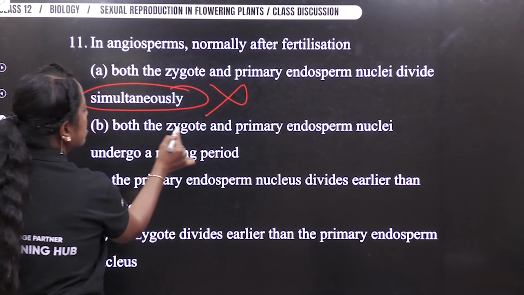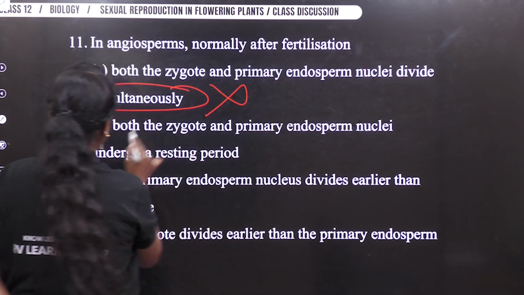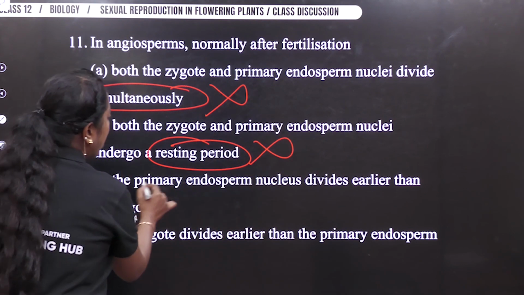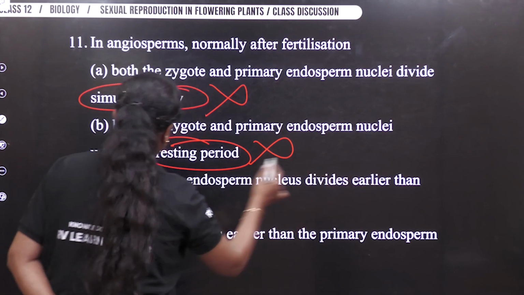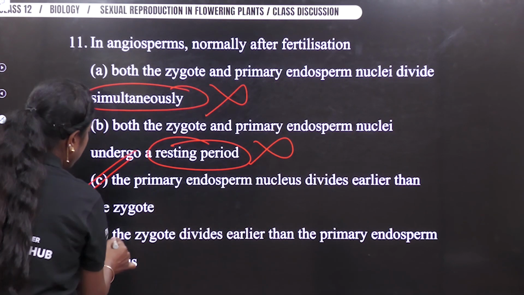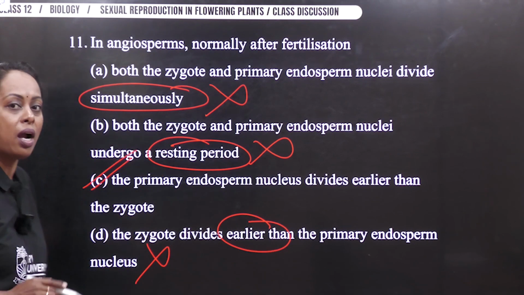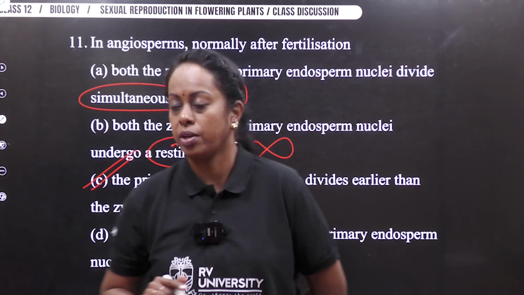Wrong. Both zygote and primary endosperm nuclei undergo resting. No, the zygote undergoes resting. The primary endosperm nucleus divides earlier than the zygote. Very true. The zygote divides earlier. Wrong. So our option becomes option C for this particular question.